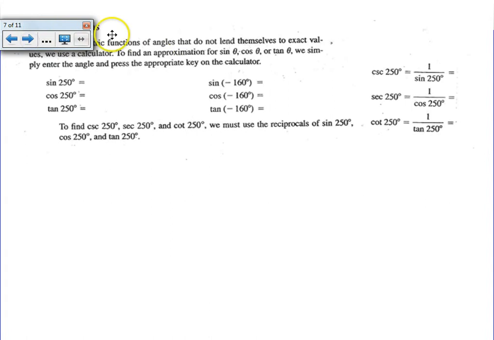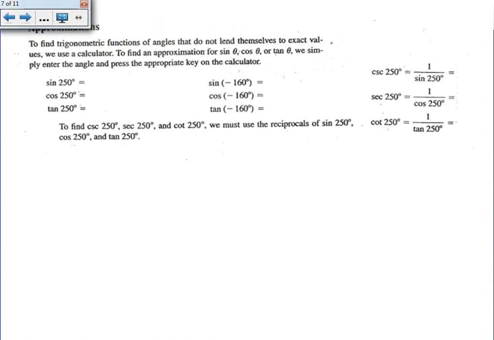They next talk to you about approximations, and we've actually done this, so we're in good shape. We are going to have to apply the sine functions to some angles. So sine of 250, make sure your calculator is in degree mode when you type this in. I'm not going to bother getting my calculator out because this is pretty easy for us.